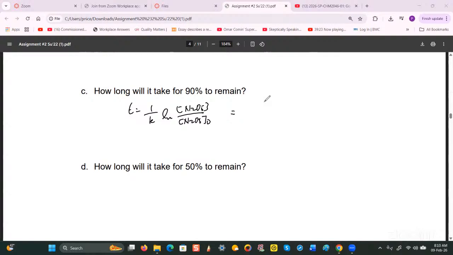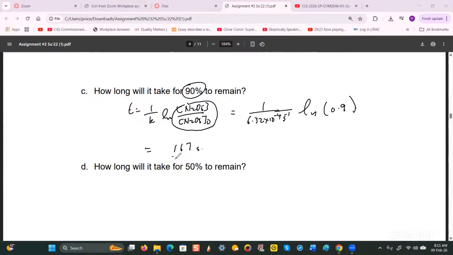The k value would still be the same, 6.32 times 10 to the minus 4 seconds to the minus 1. But this time, the ratio would be 90%, so we put 0.9, and then we do the calculation. According to my calculation, this works out to be 167 seconds, and that's it. Okay, so that's basically how C is done.